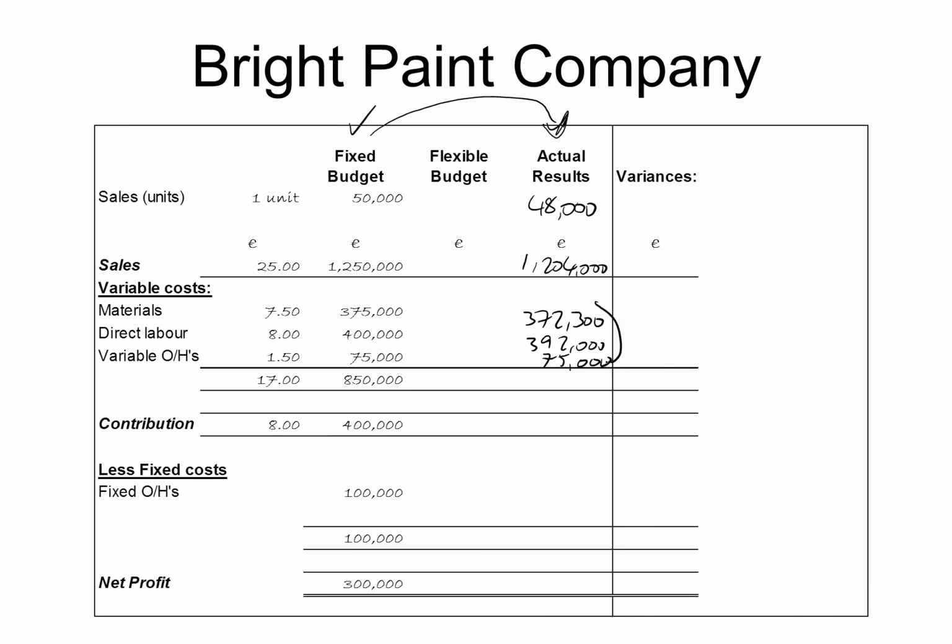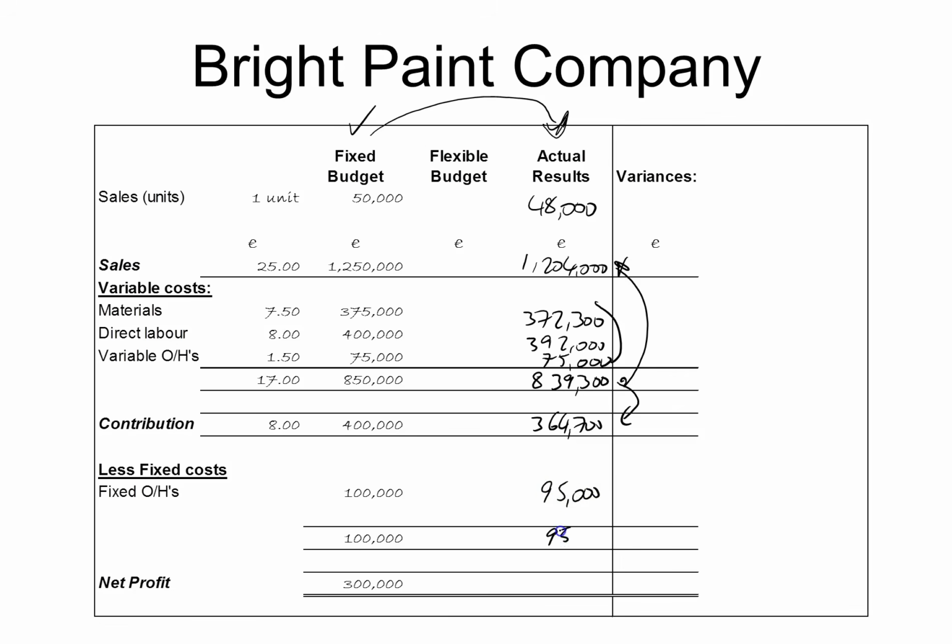These three together, if I add them together, come to 839,300. Now that is my total variable cost. So I have my sales less my variable costs, which will give me my actual contribution, 364,700. Now the actual fixed costs, we note the fixed costs actually came in at 95,000.